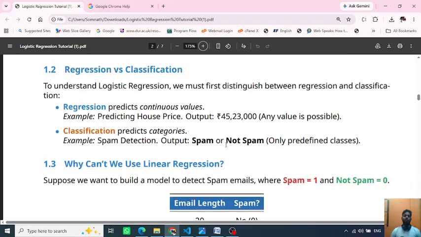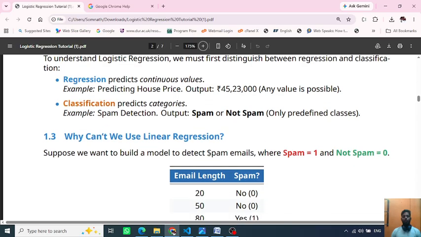In classification, the prediction is a category. For example, spam detection, as I showed before, where the output is spam or not spam. So only predefined classes are chosen in classification, but in regression any value is possible.